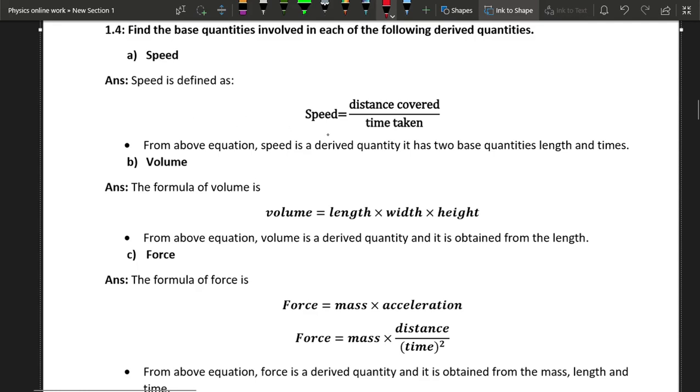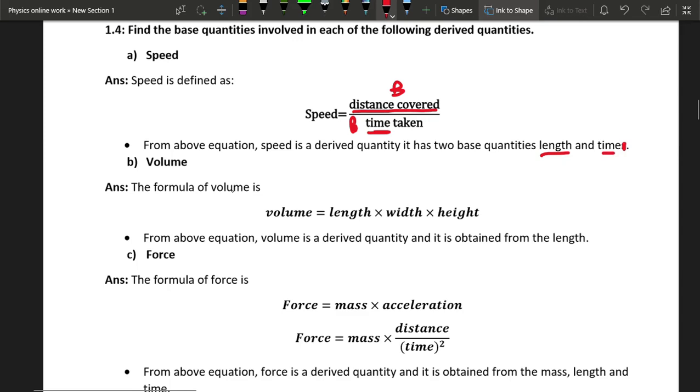Now speed is defined as distance divided by time. As we know that distance is a length between 2 points, so it is a base quantity. Similarly time is also a base quantity. So from the above equation we can say speed is a derived quantity and it has two base quantities, length of course because distance is the length between 2 points, and the time.